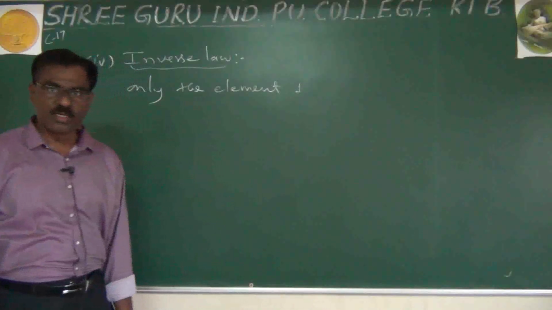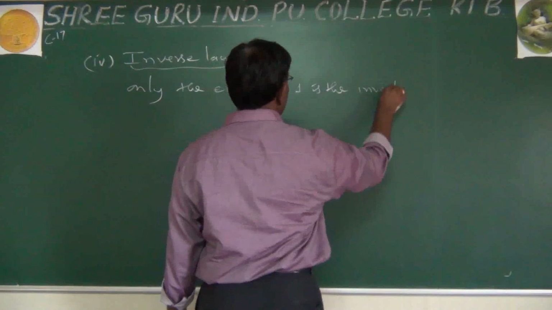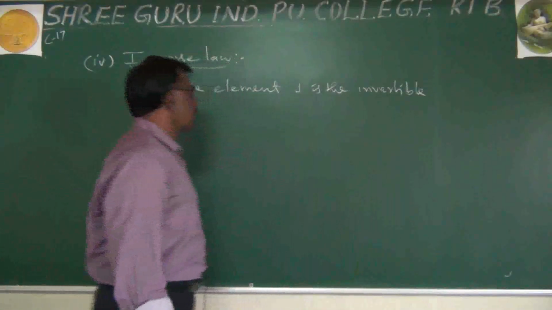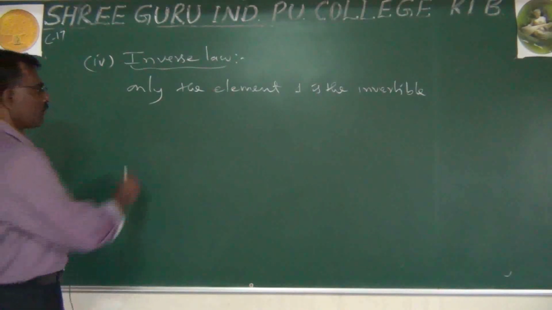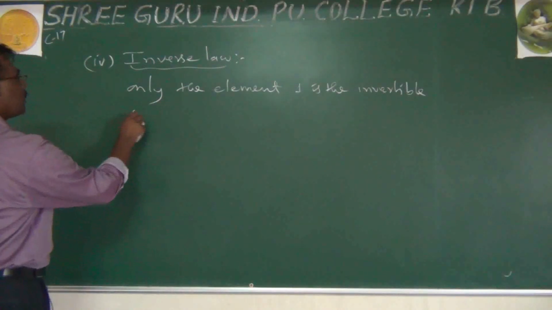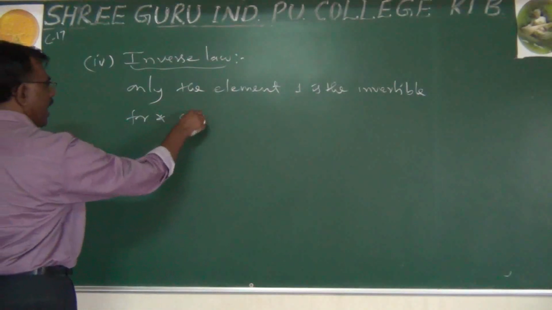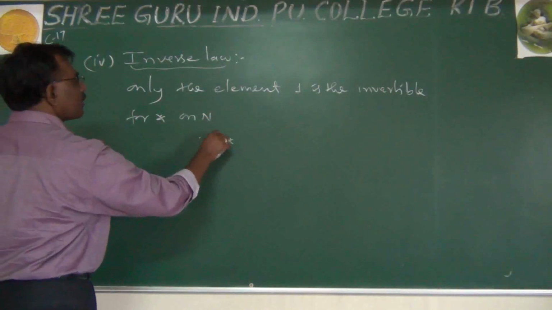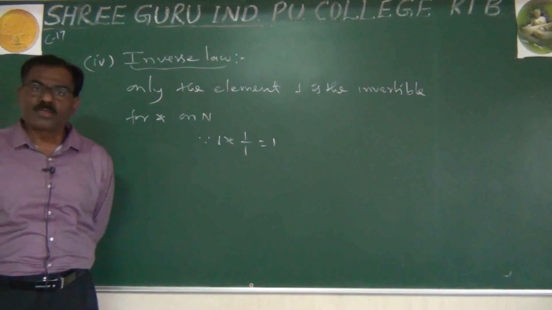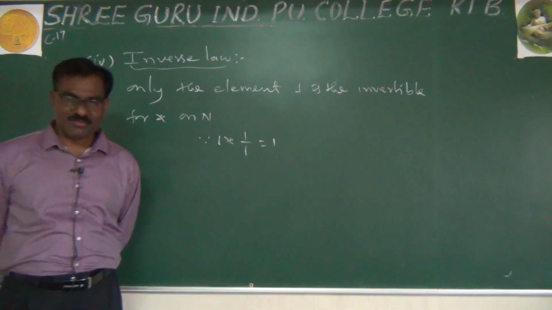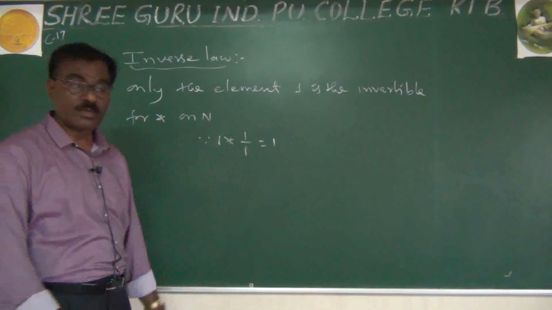Only the element 1 is invertible for star on N, because 1 star 1 by 1 equals 1. So the inverse of 1 is 1 only. 1 star 1 by 1 equals 1.